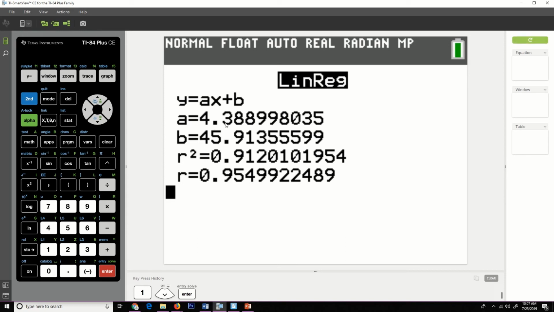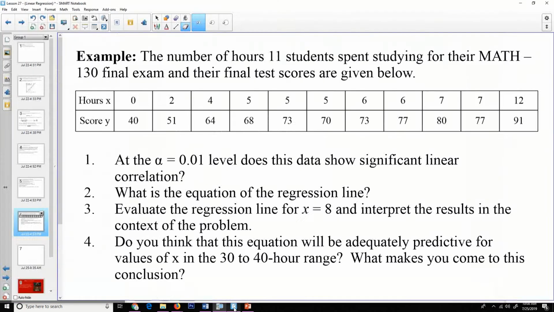The slope is 4.3890, and then 45.913, which I would round up to 45.914, and then the r squared value, and then our linear correlation is 0.9549.